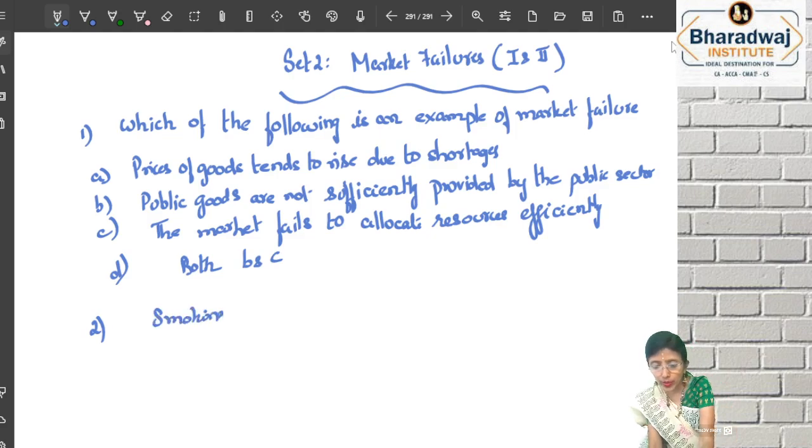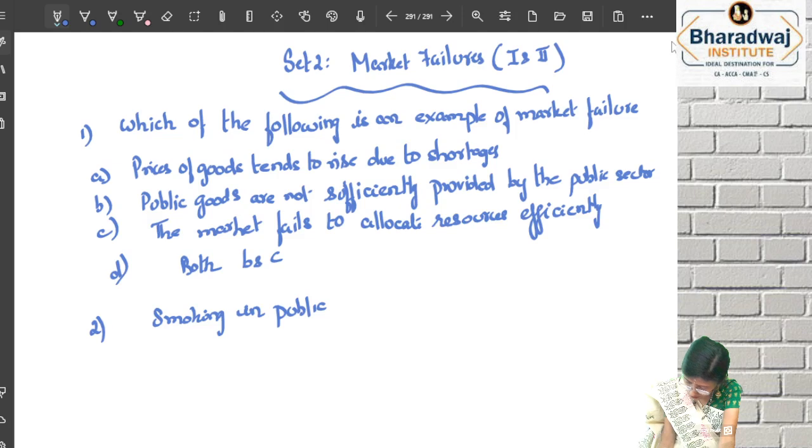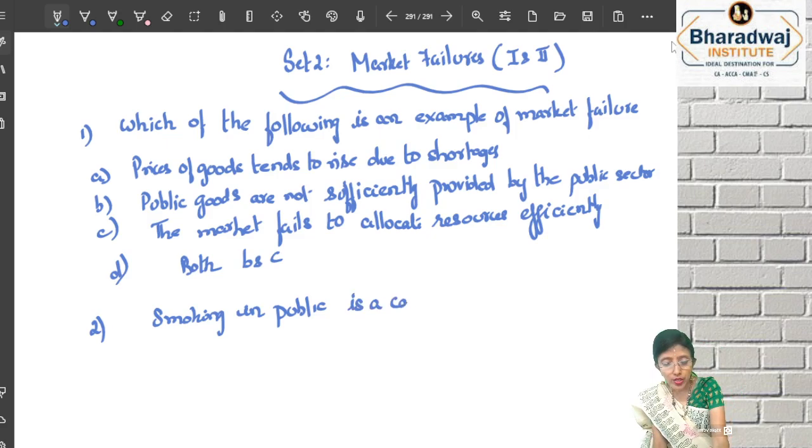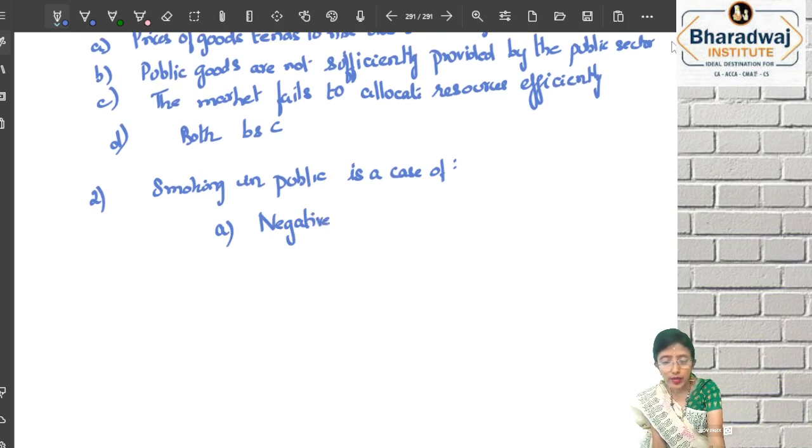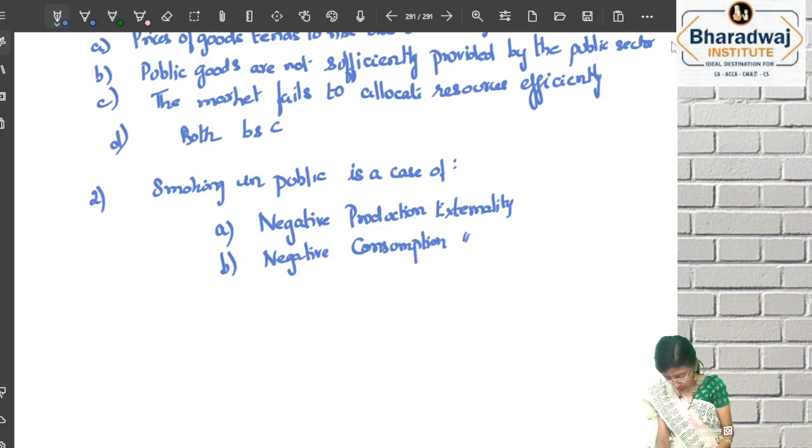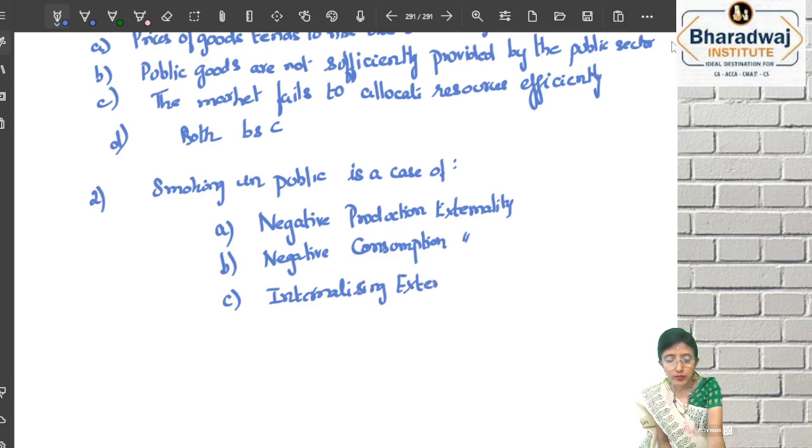Smoking in public is a case of: negative production externality, negative consumption externality, internalizing externality. Fourth one is none of the given.